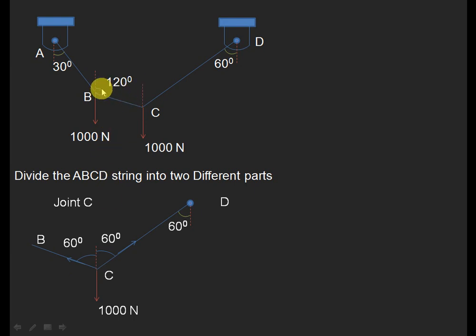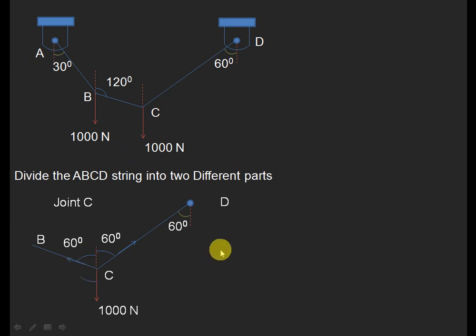Observe here, this is given as 120. Again according to the parallel lines theorem, this is a parallel line, this is a parallel line, and this line intersects these two parallel lines at an angle of 120. So if it is 120, this will also be 120. Observe the cursor. When you consider this straight line, the total is 180, so 180 minus 120 will give you this 60. That is what I have written here, 60 degrees.